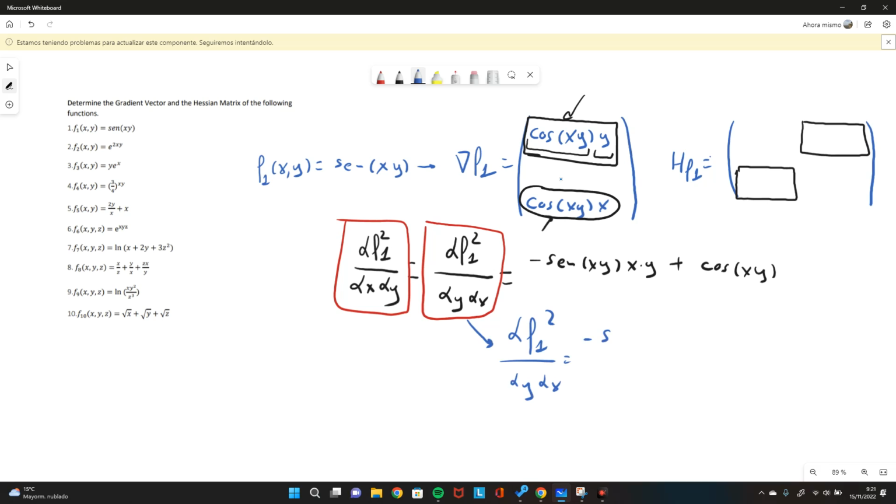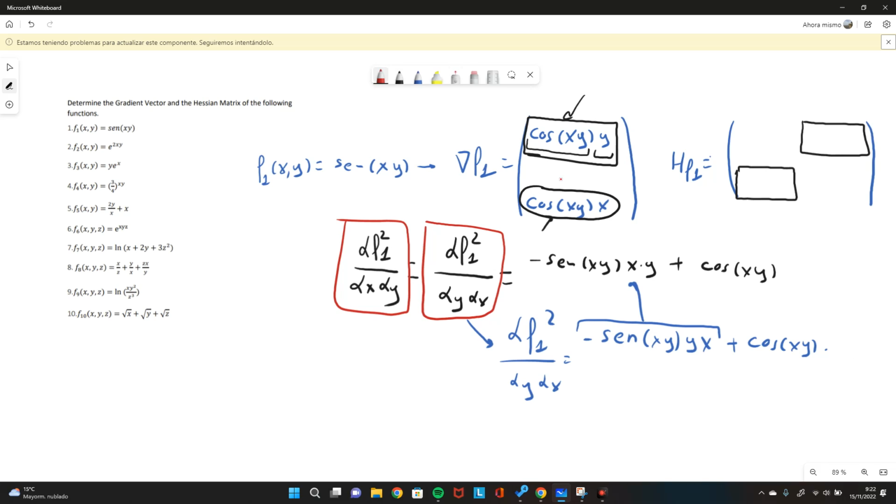This is minus sine of xy times the derivative of whatever is inside, and this is with respect to x, so this is y, and then the second term like that. This is the same as you can see here, and the other part is very easy, which is the first part without the derivative, again cosine of xy, times the derivative of whatever is at the end, which is 1 again, and so of course they are coincidental.